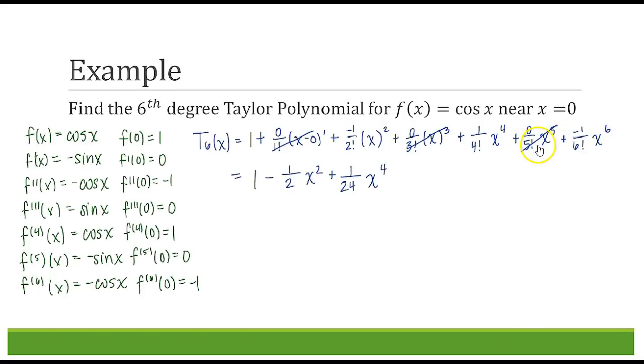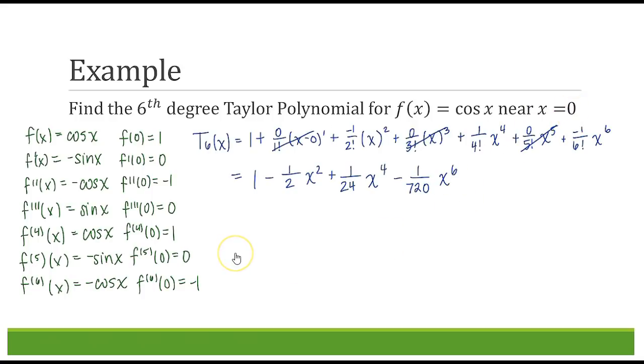And then we lose the odd degree, so we have minus 1 over, well, 6 factorial is a pretty big value already because factorials grow really fast. It's going to be 720. So we have 720 x to the 6th. So we do have, after using 6 derivatives, a degree 6 Taylor polynomial for cosine x near x equals 0.